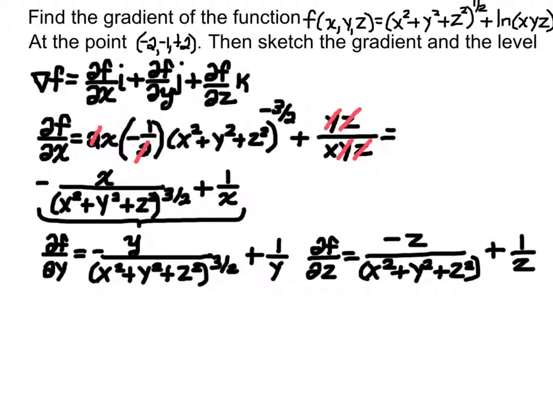Okay, so if we input the point -2, -1, +2, for the partial derivative of f with respect to x, we will get -23 over 54.